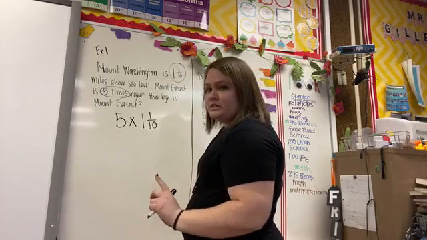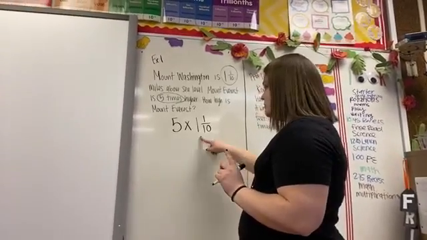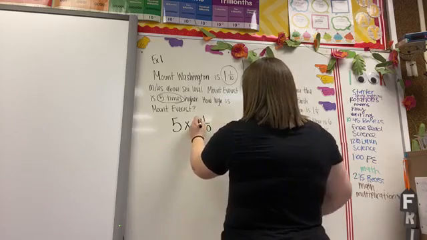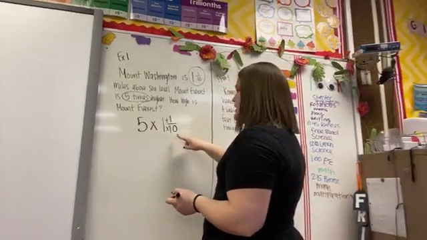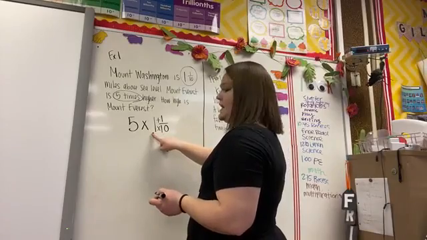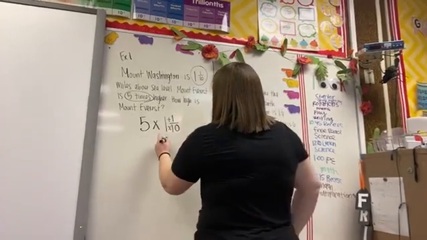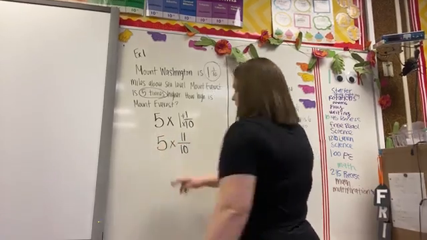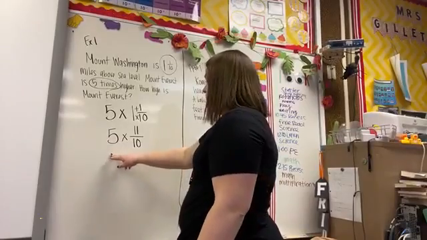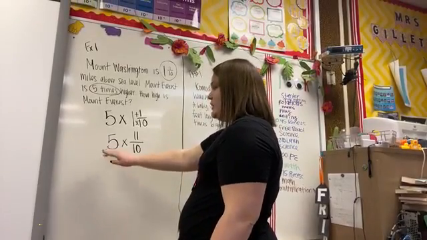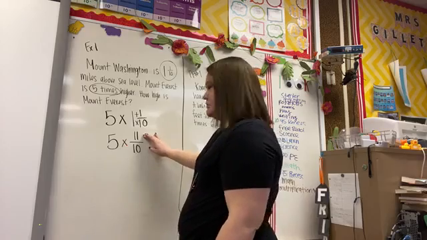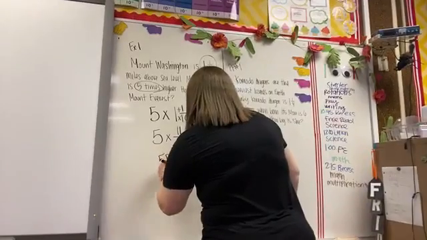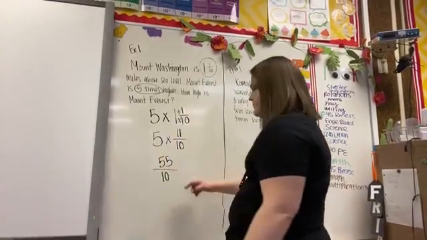So remember, my first step is to multiply and add to get an improper fraction. Multiply, add. When I do that, I get 10 times 1 is 10, plus 1 is 11 over 10. And now I can times that by 5, my whole number. So when I do that, I do my whole number times the numerator, always. 5 times 11 is 55 over 10.